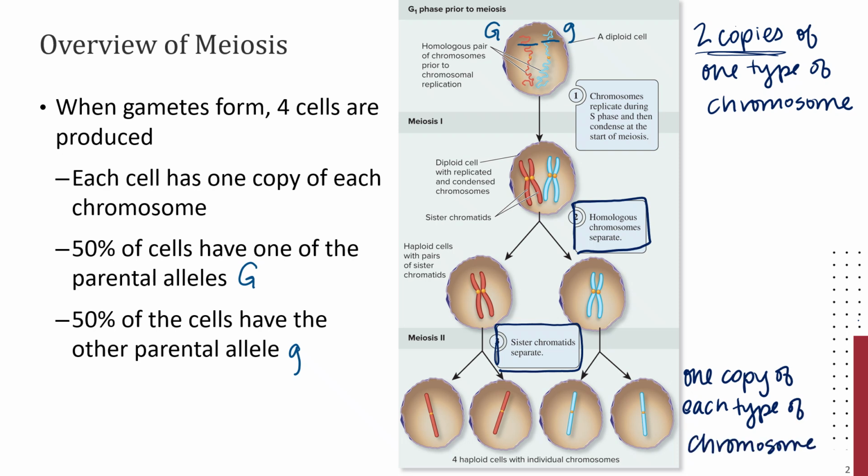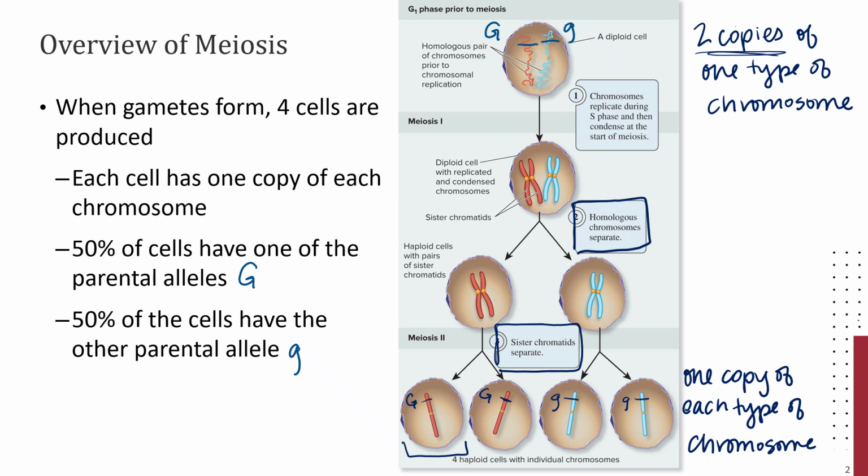So the options here are that the gamete has acquired the big G allele or the little g allele. And 50% of our gametes are going to have one of the parental alleles, the big G. 50% of cells are going to have the other parental allele. Now, any one of these could go on to be the one that is used in a fertilization event.